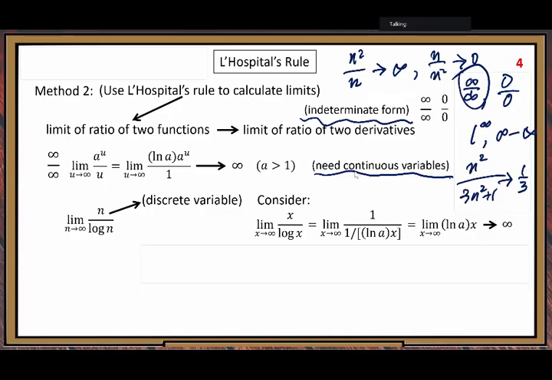How do we go back? That's the question, because the variable types are different, one discrete, one continuous. How can we use the answer for the continuous version to say the discrete version also has the same answer?